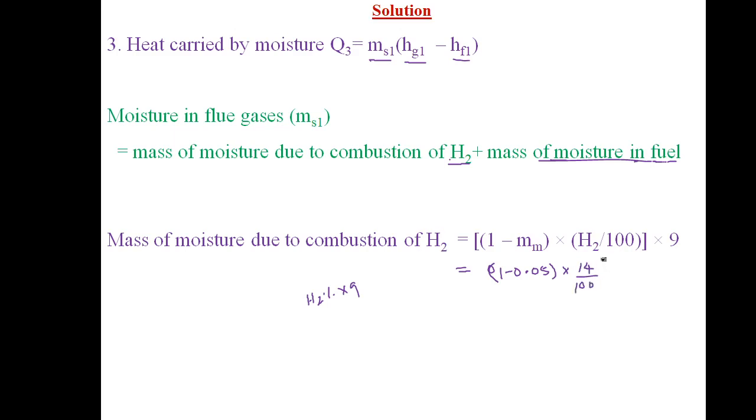If it is a dry fuel, then it will be 14%, but it is a wet fuel, therefore it gets reduced. So by 0.95 if we multiply, we get percentage of hydrogen into 9 as it is.